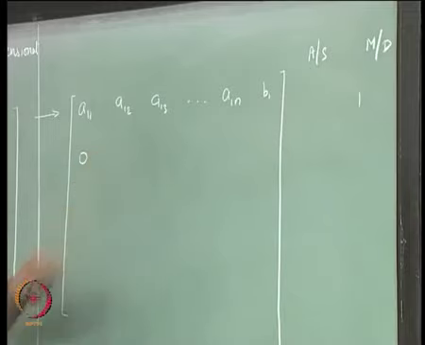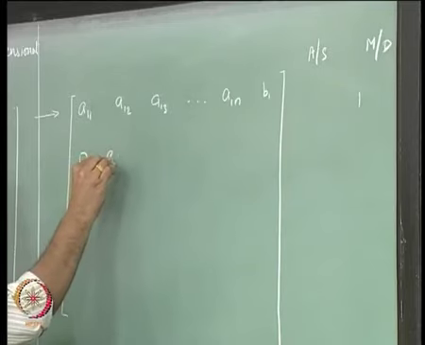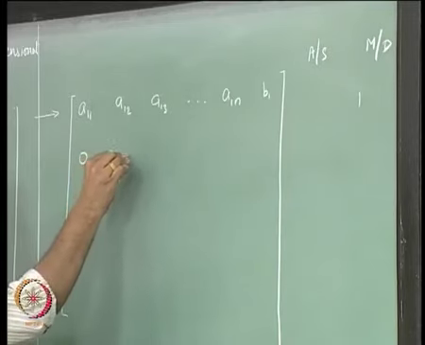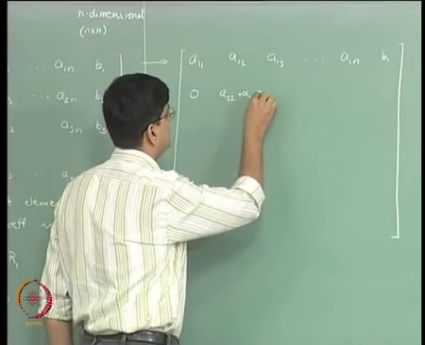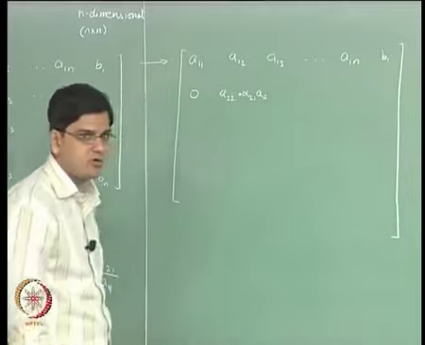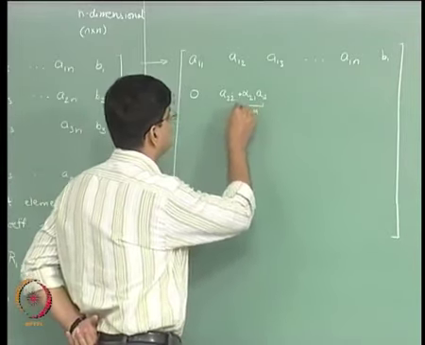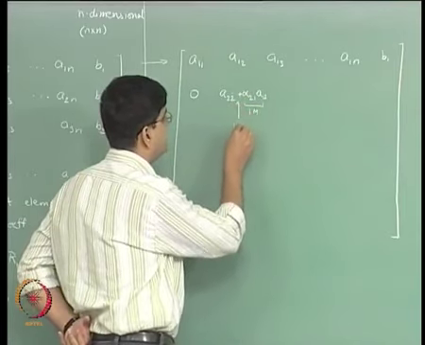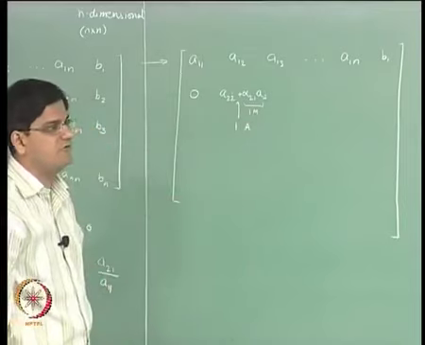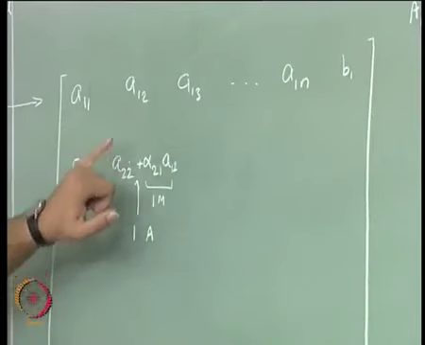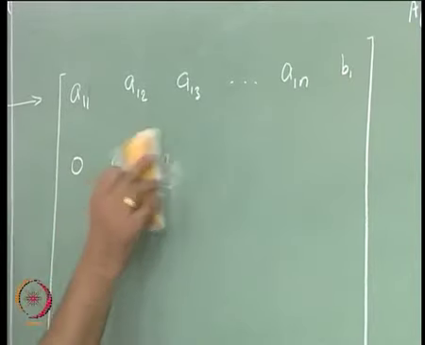Here this particular element is going to be A22 plus alpha 21 multiplied by A12. So this is one multiplication step and one addition step. There is one multiplication and one addition step in getting from A22 to A22 superscript 1.